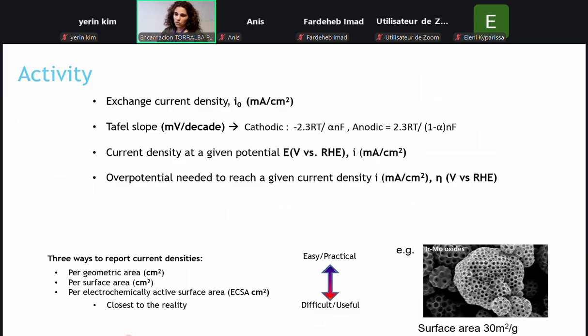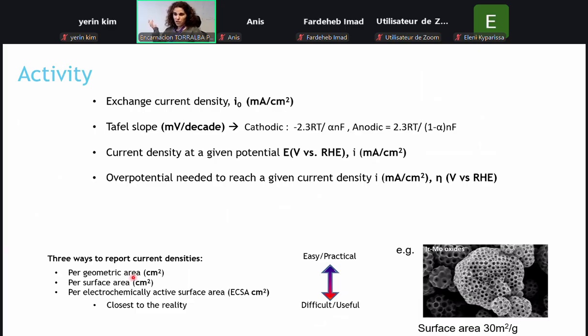Normally, when we have a metal plate, I'm going to give the current density by dividing the current by the geometrical area of the electrode.